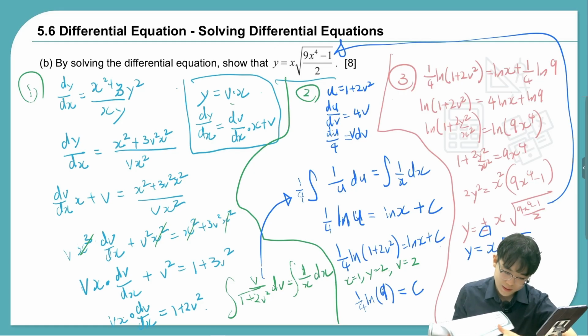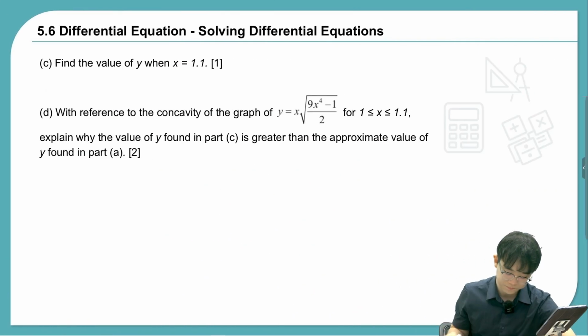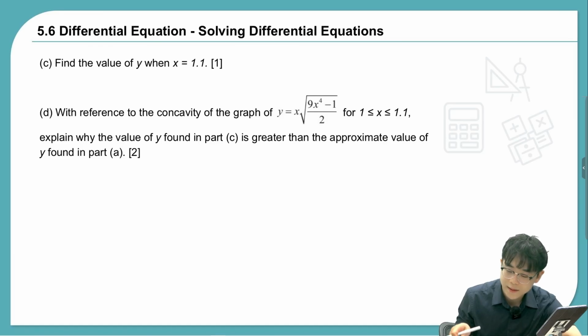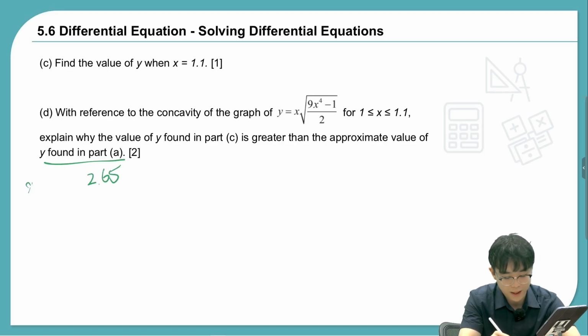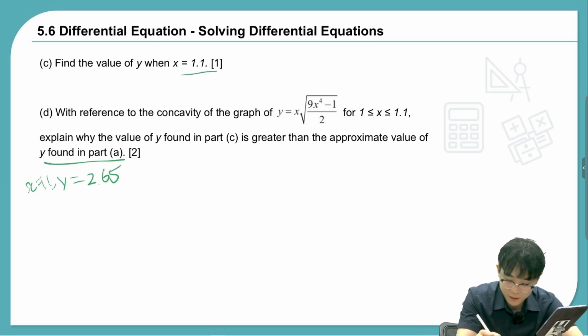So now let's look at part C. So when x is 1.1, remember earlier we said with Euler's method it was 2.65, right? So the approximation in part A was 2.65. When x was 1.1, y was 2.65. But we can find this again using y is x square root 9x to the power 4 minus 1 over 2.